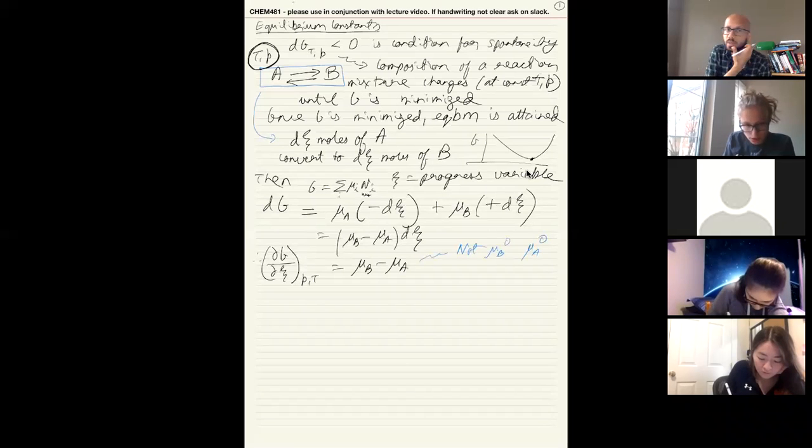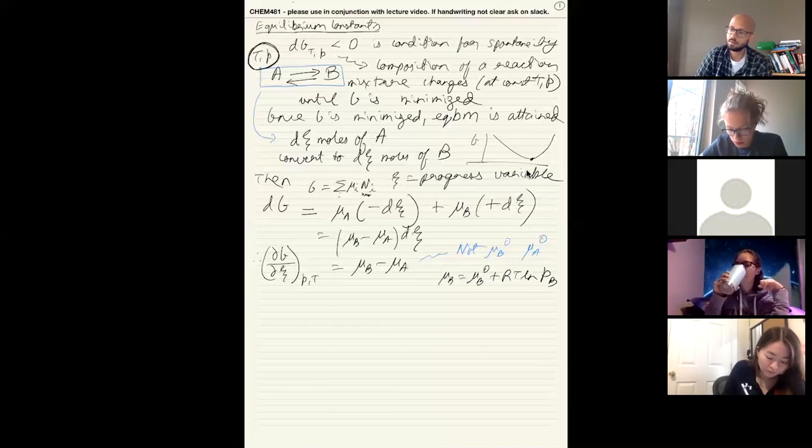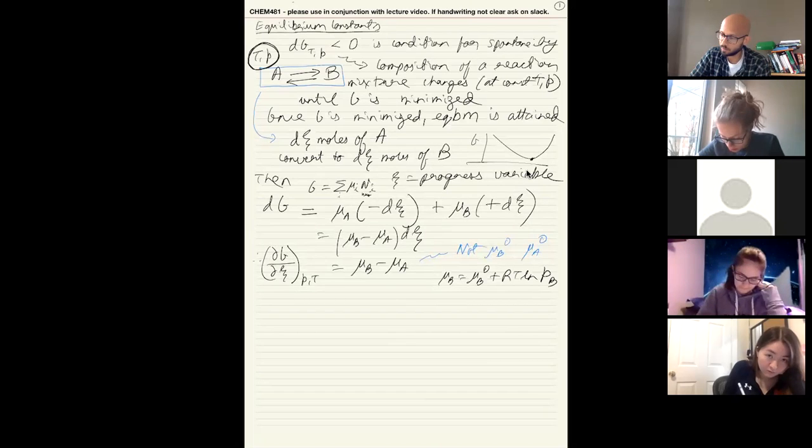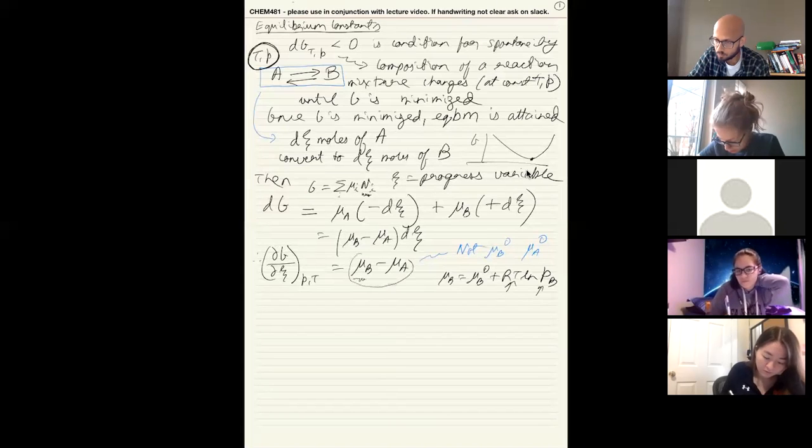This is mu B and mu A. There is a difference between this and mu B naught. For example, mu B for an ideal gas is something like mu B naught plus RT ln P B, right? So we have to figure out what is mu B, and that's how you can see the temperature and pressure start to play a role in this equation. Even though it is at constant pressure and temperature, these are functions of pressure and temperature.